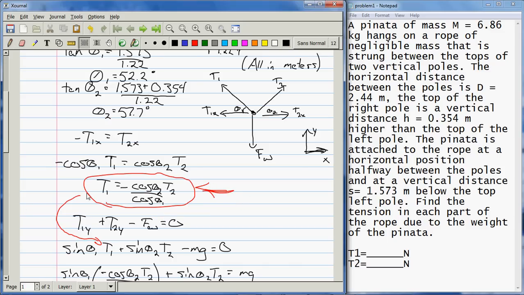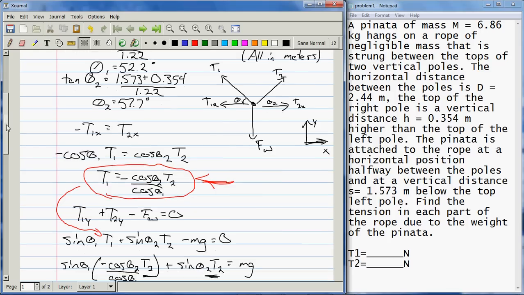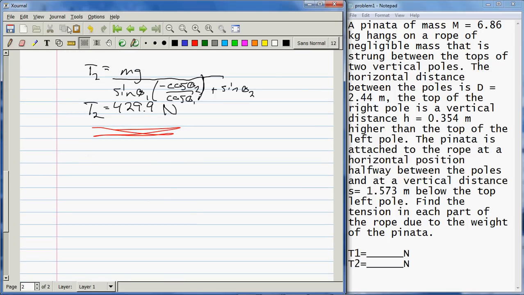Forget it. I'll just rewrite it down here. So T1 is equal to negative cosine theta 2 times our T2 all over cosine theta 1.